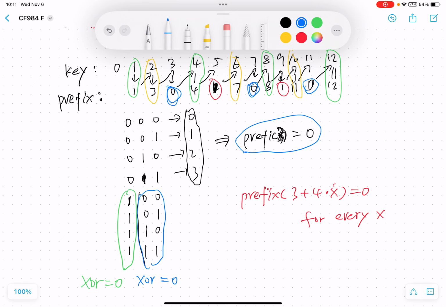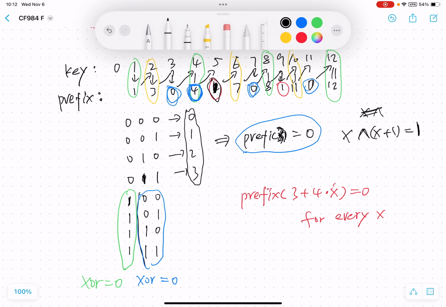For the next value, if x XOR x plus 1 always equals 1, the next value is always 1.